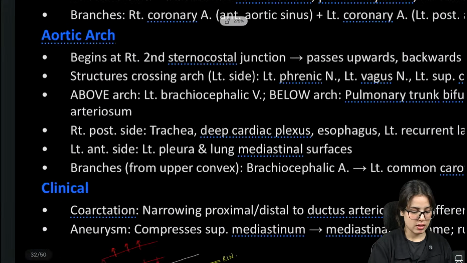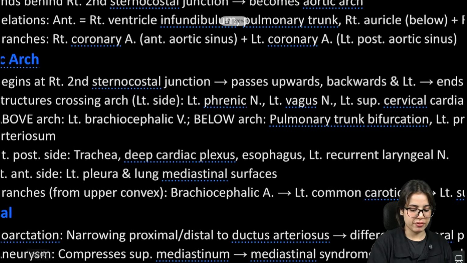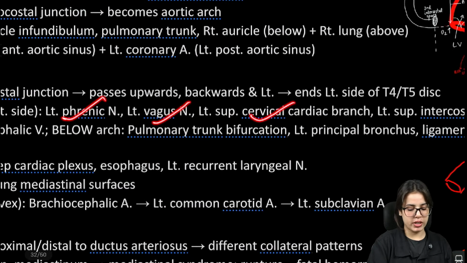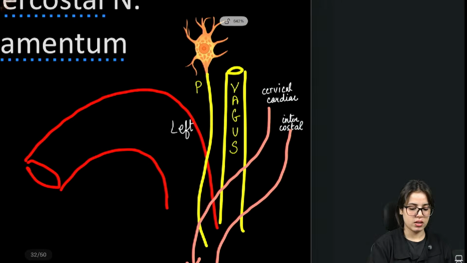Structures crossing the arch: left phrenic nerve, vagus nerve, left superior cervical cardiac branch, and left superior intercostal nerve. So this thing.